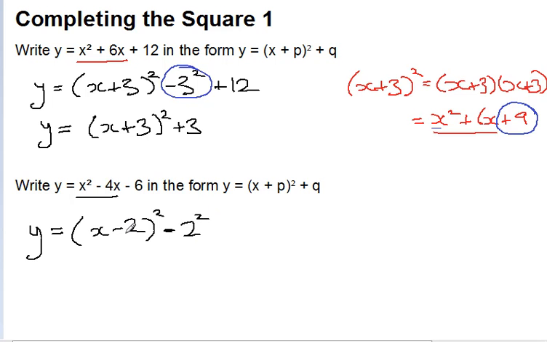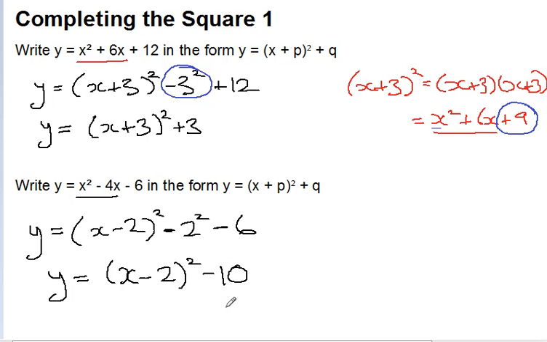I just have to take away this number here. Don't have to take into account the sign at all. So as in this case I took away 3 squared, in this case I'm taking away 2 squared. And of course I've got a minus 6 at the end, so I'll include that here. If I just write out the answer now, then I've got x minus 2 squared minus 4 minus 6 is minus 10.